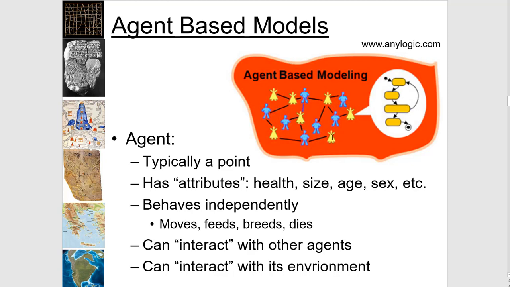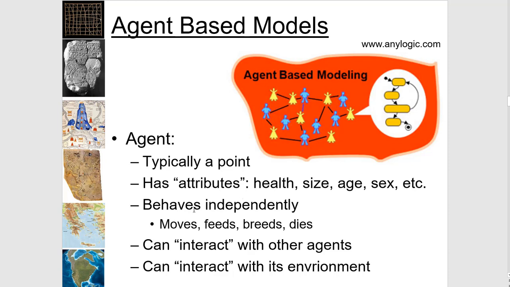And then we give these agents properties, and then these agents have a life cycle that they go through. So typically an agent is a point, just a point for, say, each salmon going up a stream. And then they could have attributes, their health, which often when it reaches a certain minimum, they then transition to death, size, age, sex, whatever it is that's important to your model.